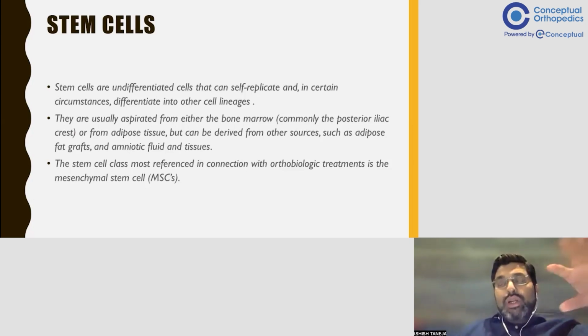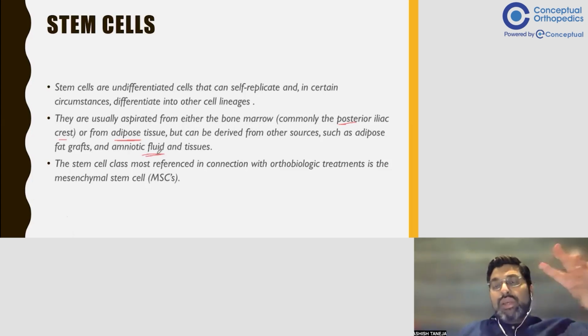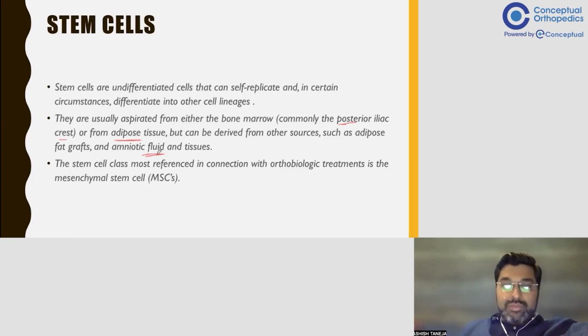If you put it around the cartilage, it can convert into chondrocyte and so on and so forth. Normally, they can be obtained from bone marrow, mainly from posterior iliac crest, or from adipose tissue, or from amniotic fluid. So these are the three main sources of stem cells. In general they are known as mesenchymal stem cells.